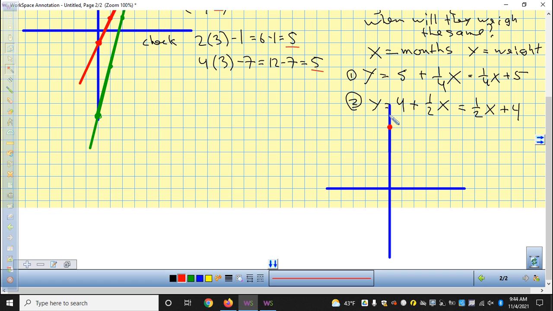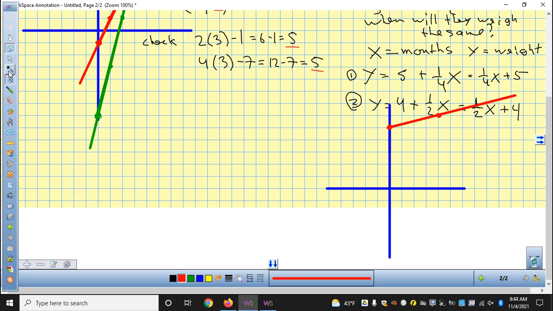Up 1, over 1, 2, 3, 4. I'm going to graph that line, connect those 2 points. So, make this so we can read this. Let's undo that. Make that dark.